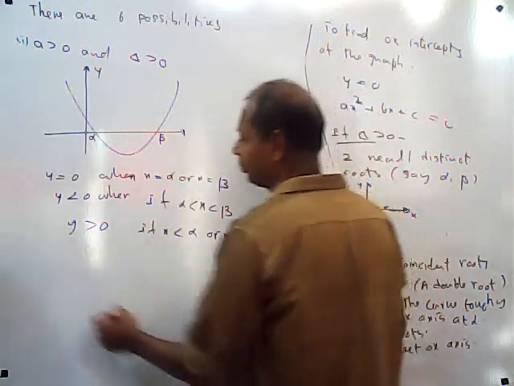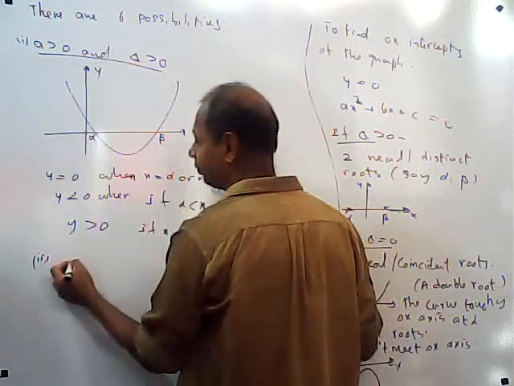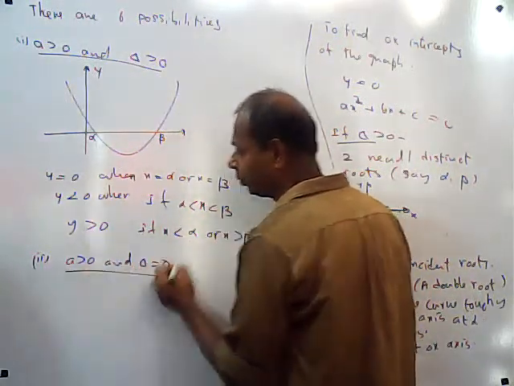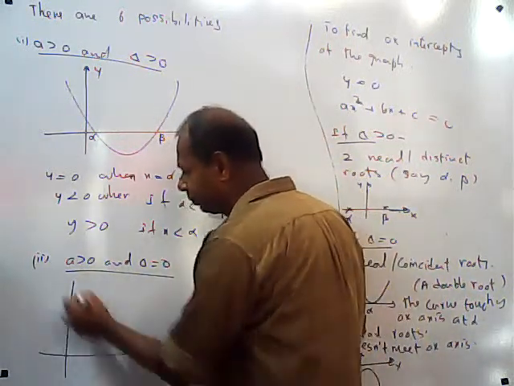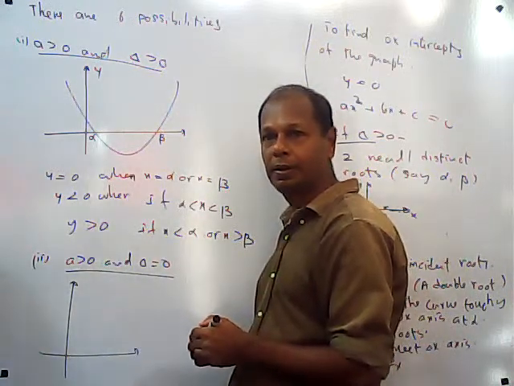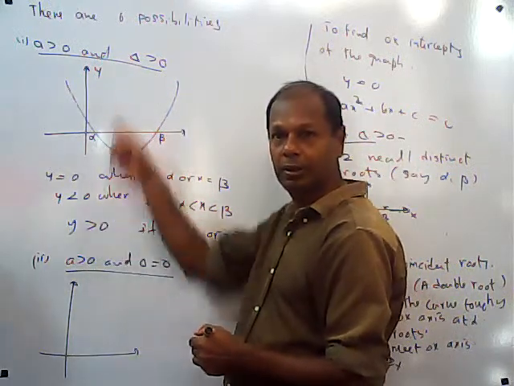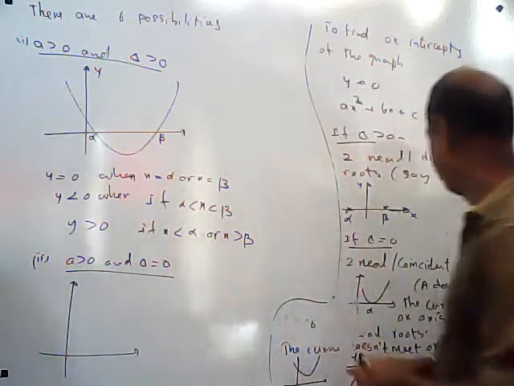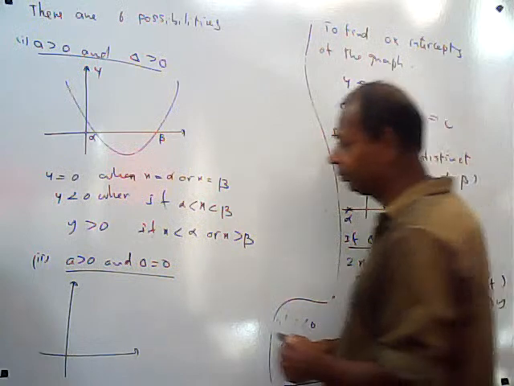In case 2, A is positive and delta is equal to 0. A is positive, so it has to be a minimum. Delta is equal to 0, then it should touch the x-axis at the root.